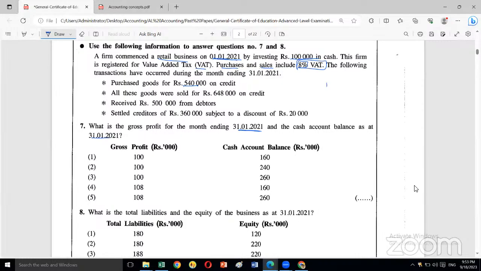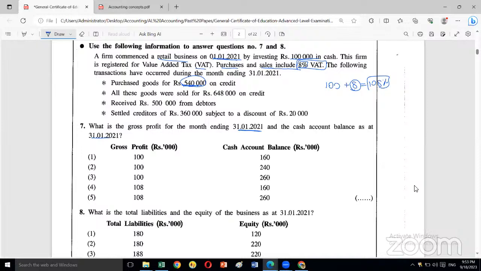Usually purchase is 100% and VAT is 8%. Includes VAT means 100 plus 8, 108%. So this 540,000 is equal to 108%, because inside this 540, 8% VAT is also there.